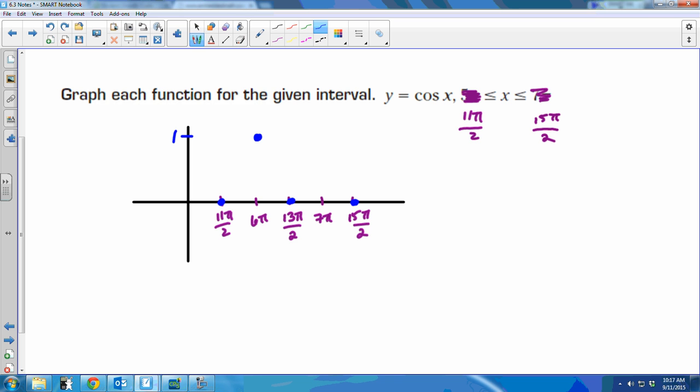And so that means at 7 pi, which is a half of a rotation, we'd be at negative 1. Questions about that?